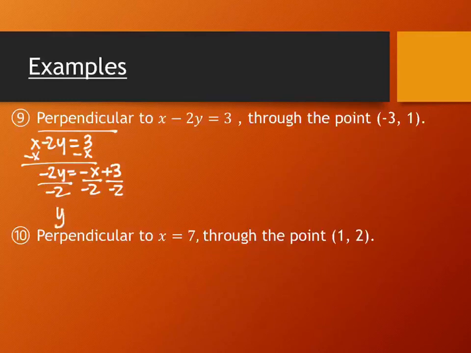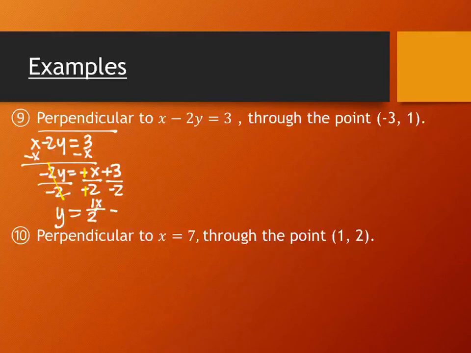On the left, of course, this is y because the negative 2's cancel. On the right, the negatives cancel. So I'm left with x over 2. What's my slope? 1/2. So x over 2 is the same thing as 1/2 x. Or if it helps you, you can write 1x over 2. But there's a 1 understood to be in front of the x. Is everybody good with that? Okay, so it is a 1/2 slope.